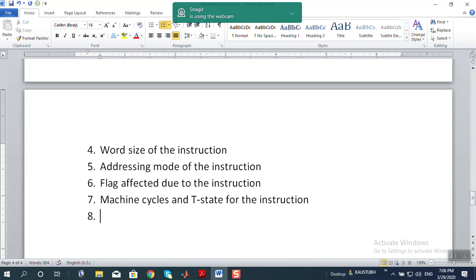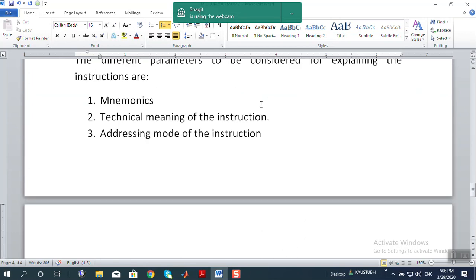And finally we'll see the instruction format, which will give you the opcode of the instruction. So these are the things we'll discuss for each and every instruction.